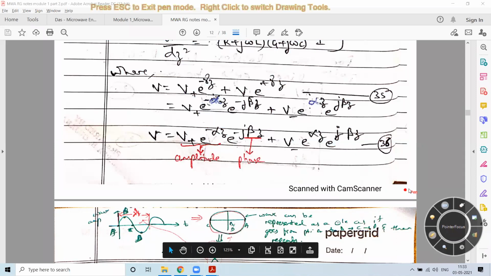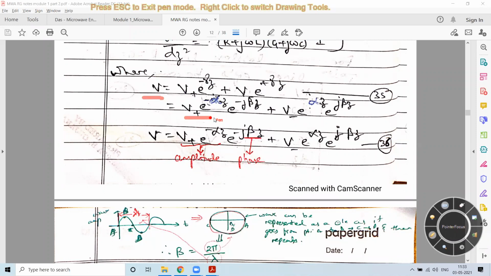When we do that and simplify, we get V is equal to V plus e raised to minus alpha z into e raised to minus j beta z, plus V minus into e raised to alpha z into e raised to plus j beta z. Here, this parameter represents the amplitude, and this gives you the phase information. Similarly, this one gives you the amplitude representation of this parameter, and this one gives you the phase representation. So this is how the representations go.